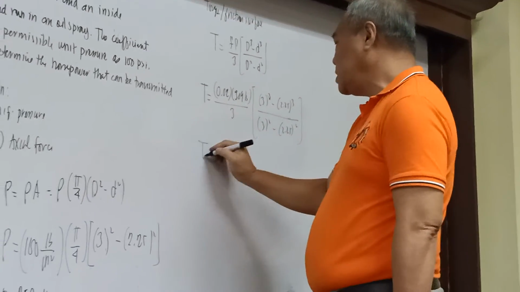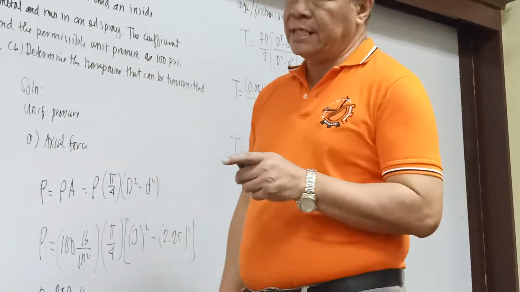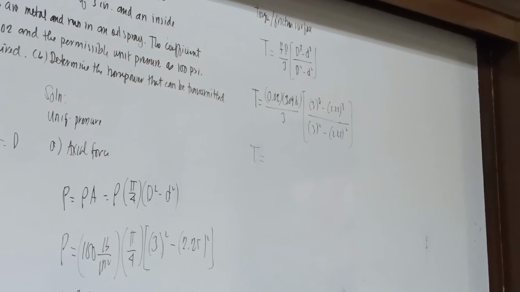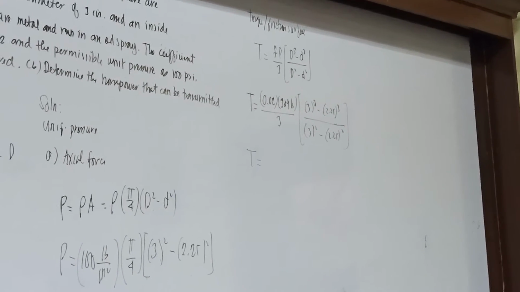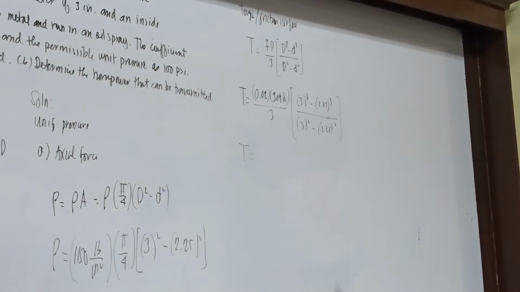So this will be the torque per friction surface. Tandaan natin, ang unang kinocompute ay yung torque per friction surface, because commonly, in terms of a disc clutch, you have a multiple disc clutch.